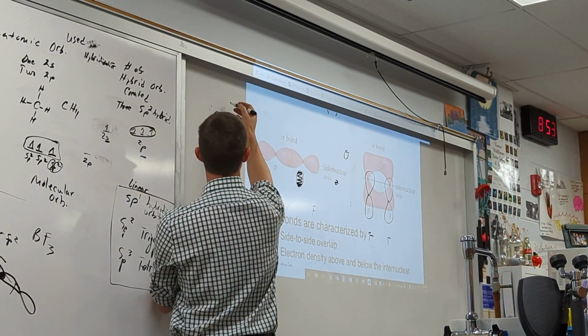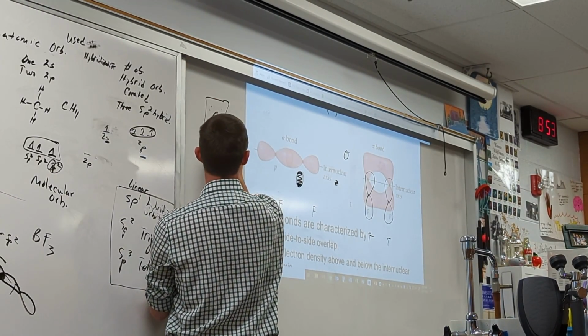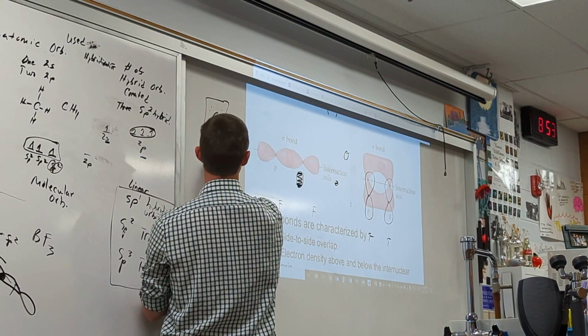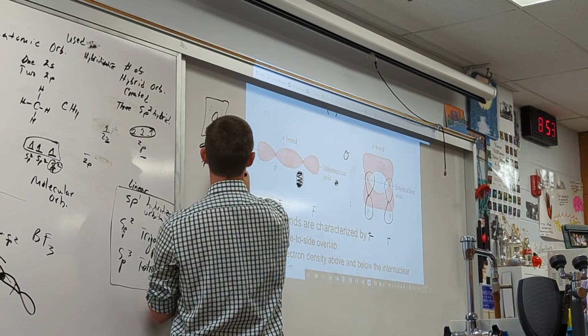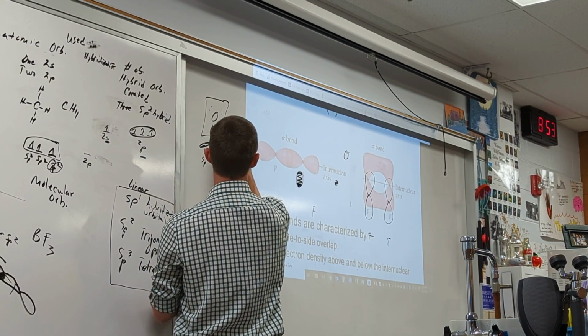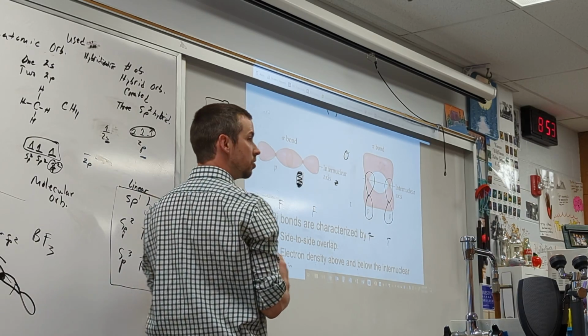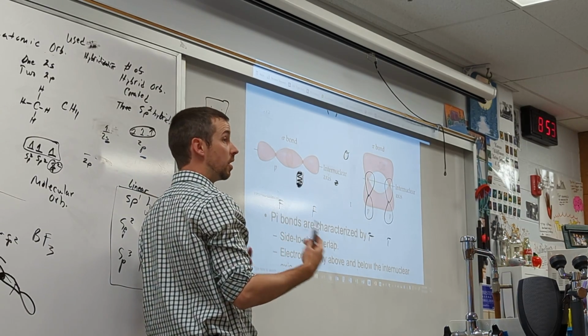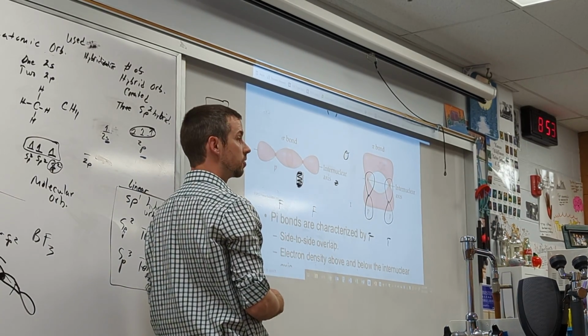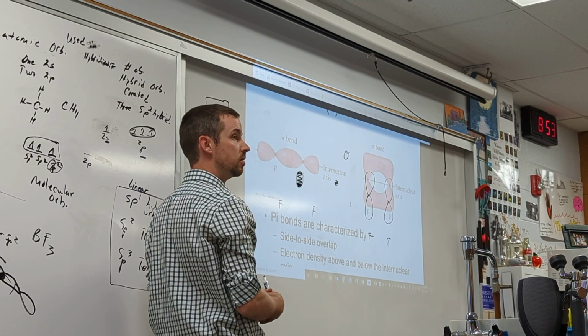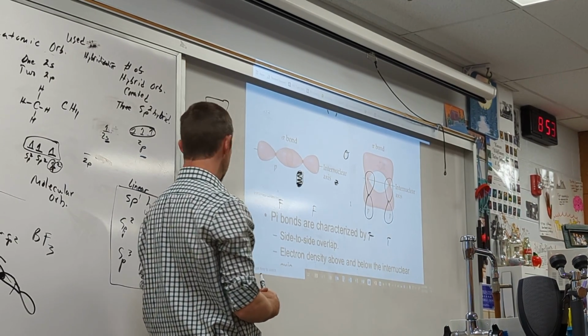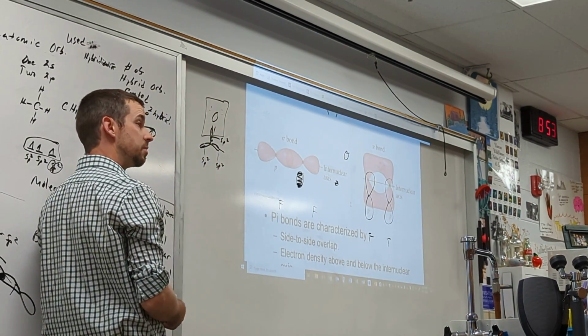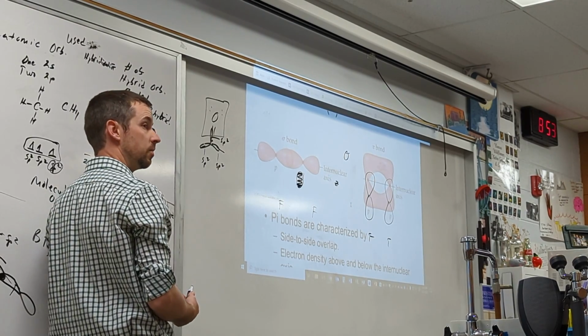Okay, looking at this oxygen, this is going to be a little weird. We said this carbon is sp2. Looking at just oxygen, how many regions of electron density are around the oxygen? 3. 3 is sp2 hybridized as well, right?